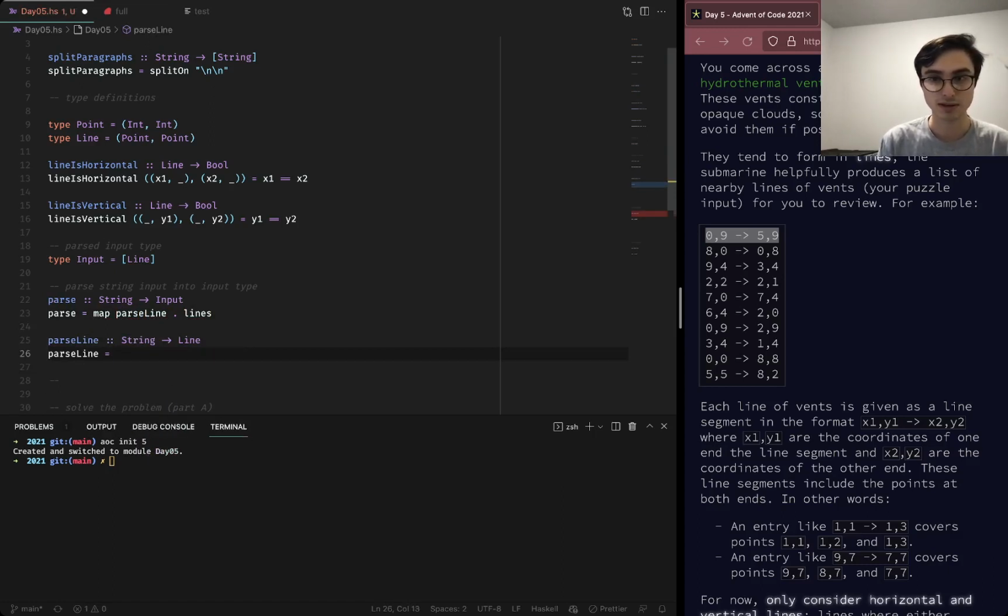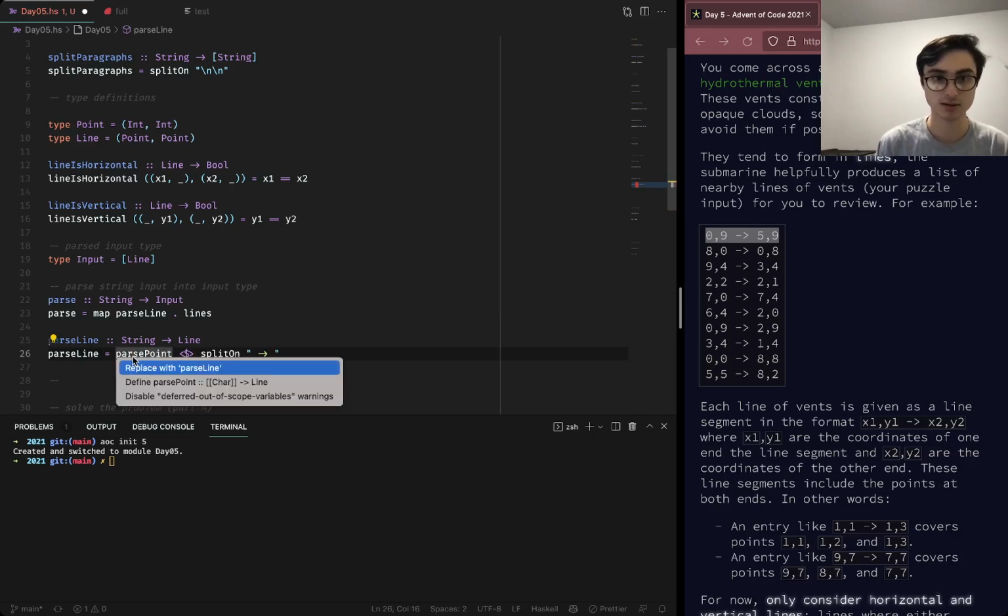So parse line equals let point 1, point 2 equals, yeah, we can do parse point and inject that into split on that.